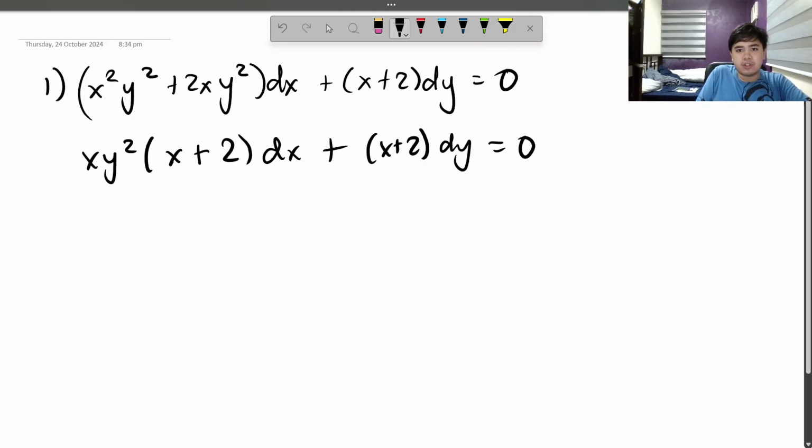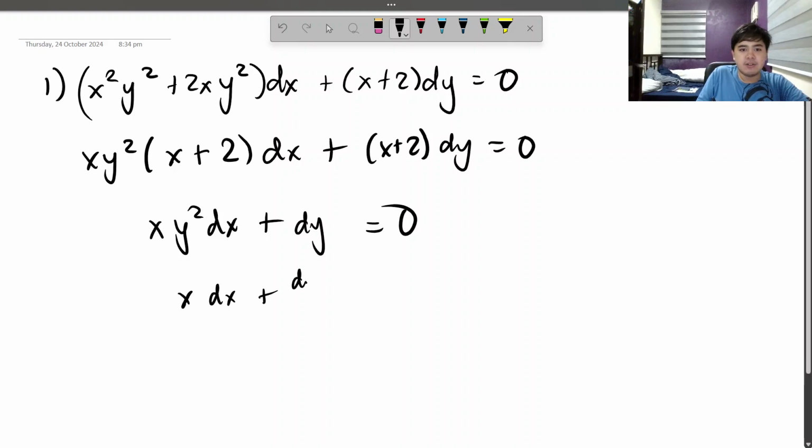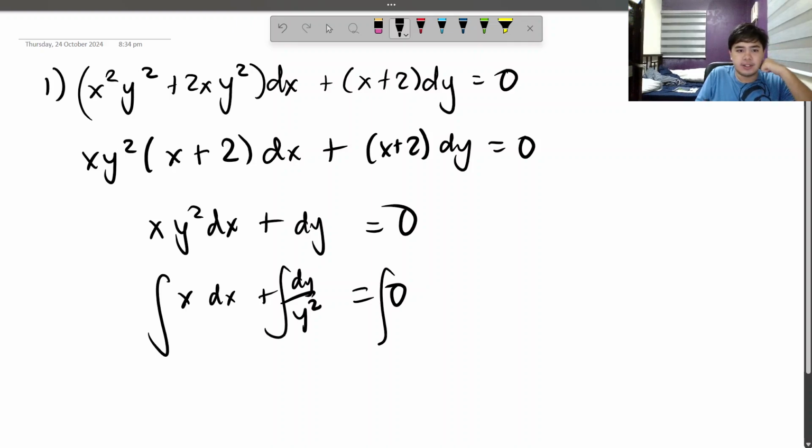Maybe we can divide both sides by x plus 2 and that will remove it. So we are left with xy squared dx plus dy equals 0. Now we can divide both sides by y squared in order to obtain x dx plus dy over y squared equals 0. Now we can integrate both sides here.